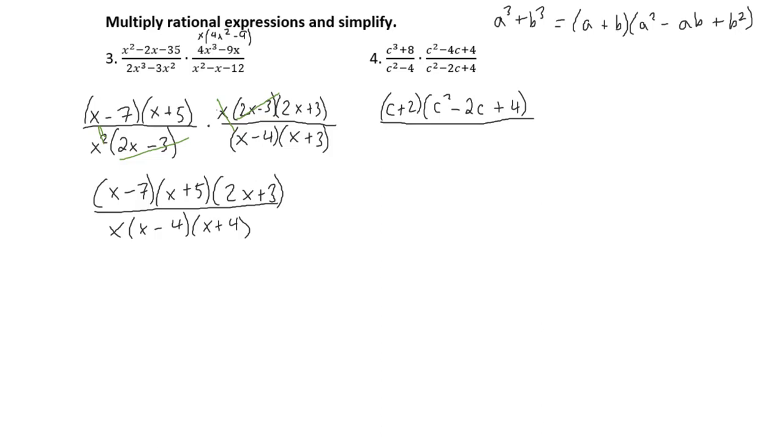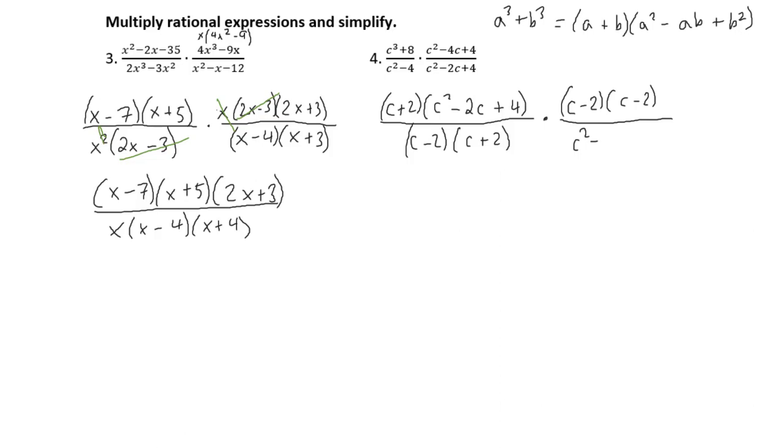All over, difference of squares, c minus 2, c plus 2, times c squared minus 4c plus 4. Well, that is a perfect square. That's c minus 2 times c minus 2.